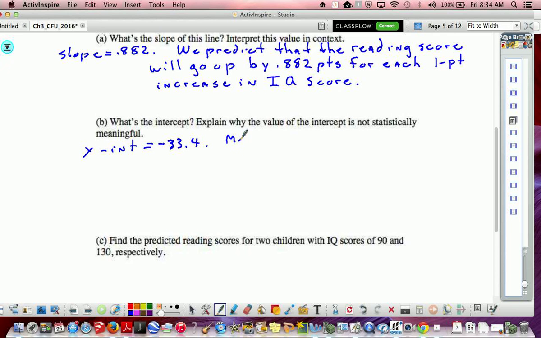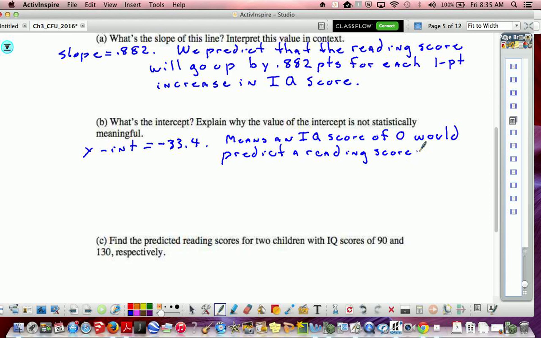It means an IQ score of 0 would predict a reading score of negative 33.4 points.